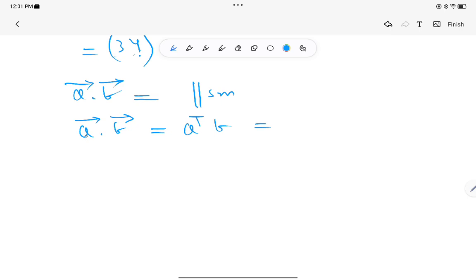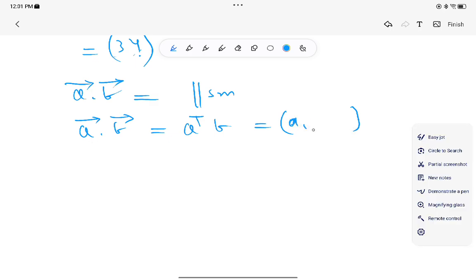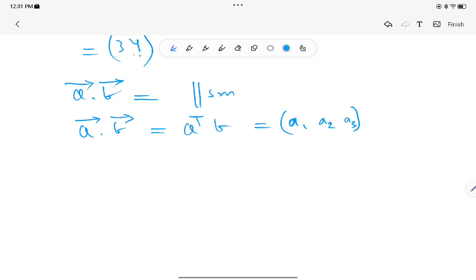This is transposed. That means it is converted into a row vector. Once it is a row vector, suppose its components are A1, the X component, A2, the Y component, and A3, the Z component. Then you have components of this, B1, B2, B3.